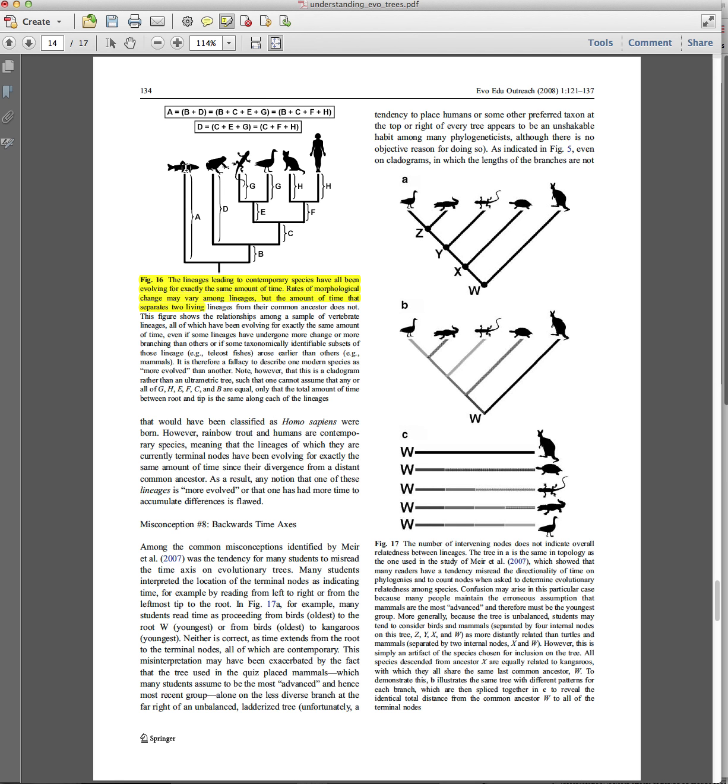If you were to add up the branch length from this divergence to this species, that's letter A is equal to B plus D, so the frog has been evolving for D plus B time. This maybe salamander or lizard is G plus E plus C plus B, same amount of time as A. So make sure you're comfortable with that idea. And that's all the notes I have on this one.